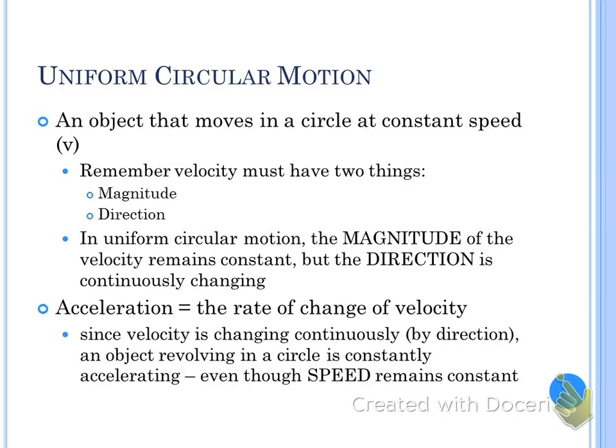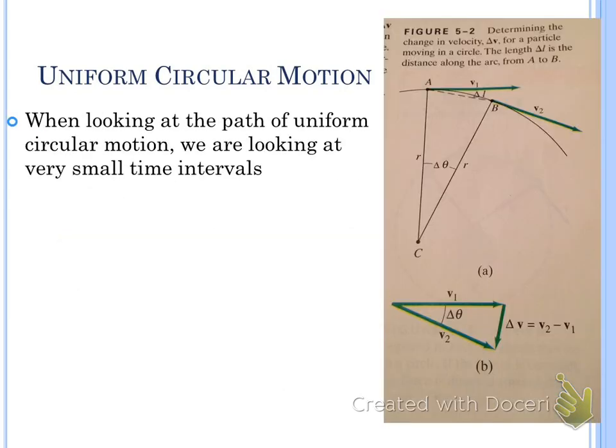Okay, so that's where it gets a little bit trickier. With things moving in a circle, we're looking at extremely small time intervals. So we're looking at every little motion that object makes as it moves around the circle, and we want to look at that at a really small, derivative-type time interval.